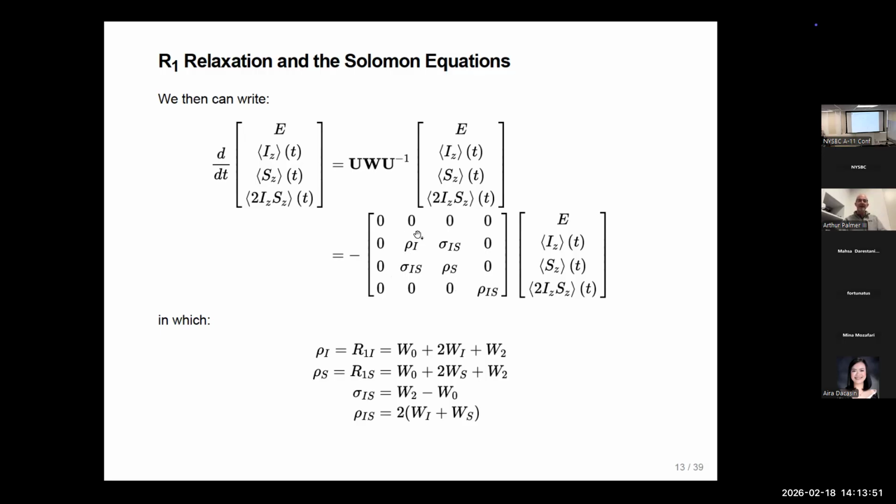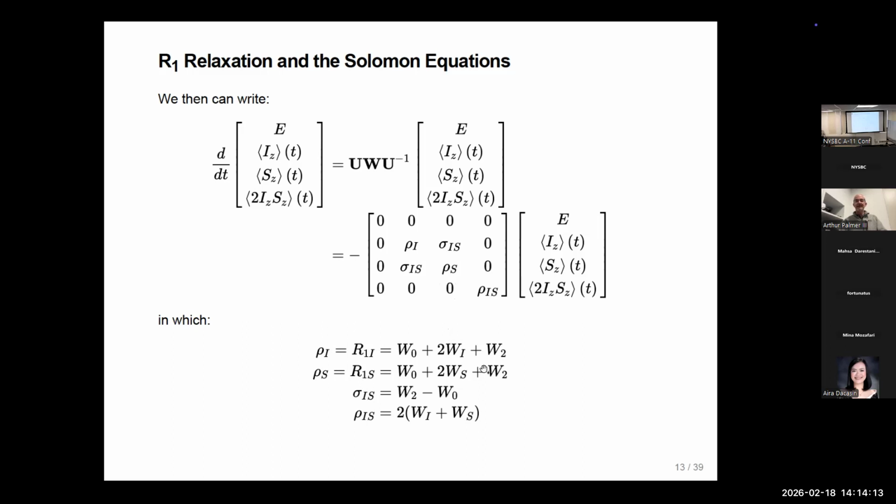I find out that there's a relaxation rate for the I spin. This is R1 of the I spin. And it depends on these rates, these W's. There's a relaxation rate for the S spin. That's its R1.